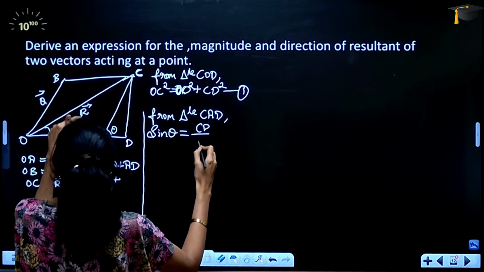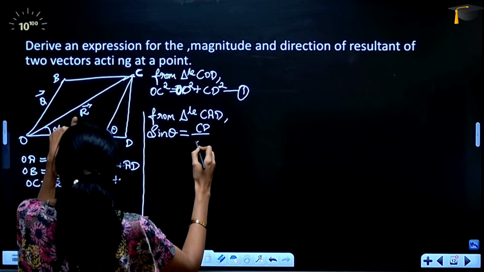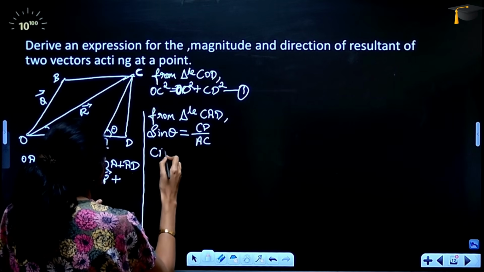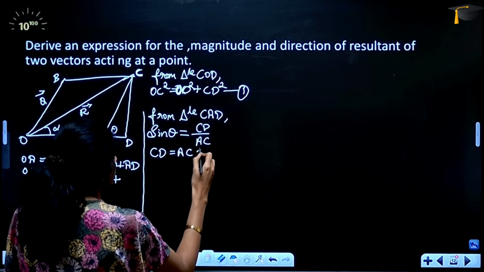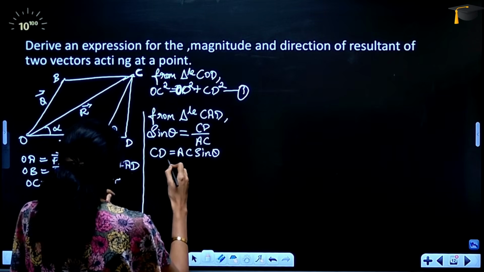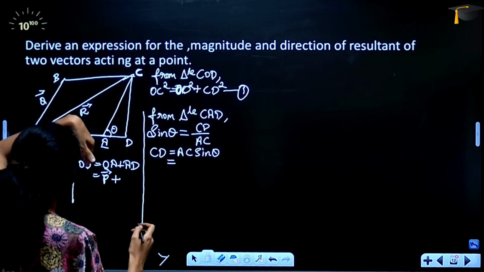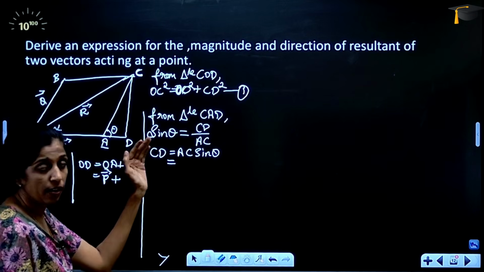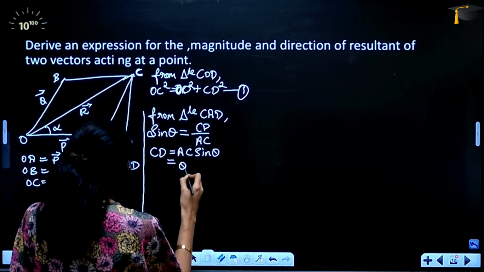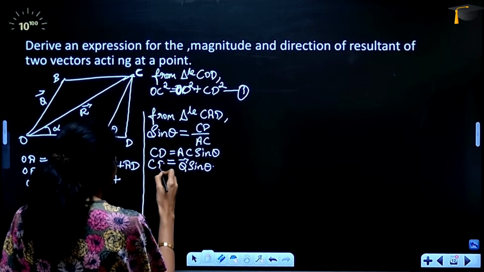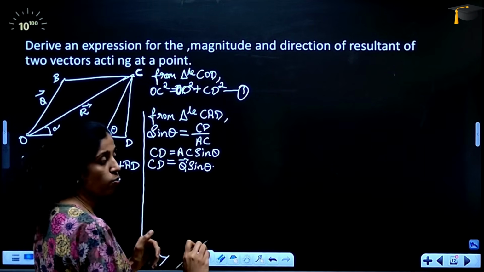Now, CD can be written as AC times sine theta, whereas AC is what, students? If OB is Q, can we say AC is also vector Q because it's parallel? So I'll take CD as Q sine theta.